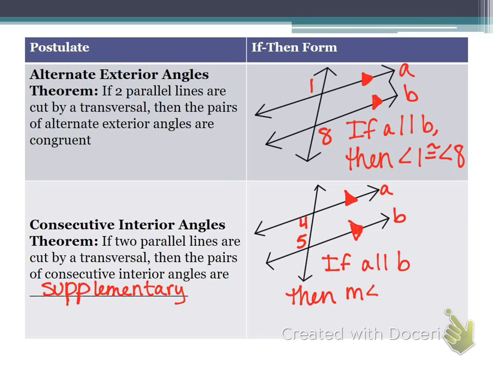So you could say the measure of angle 4 plus the measure of angle 5 equals 180. Okay, corresponding, alternate exterior and alternate interior, I'll give you congruent angles on parallel lines, but consecutive gives you supplementary angles instead.